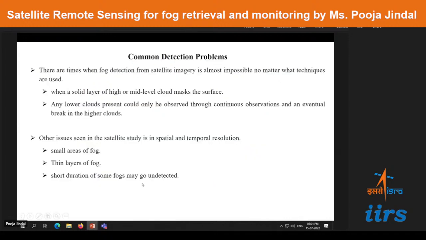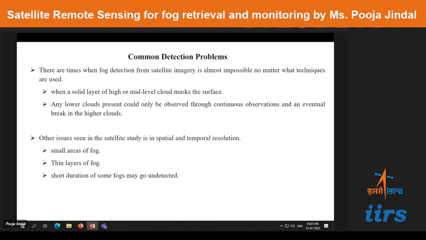Then coming to some of the problems in fog detection. When we say common detection problems, it means common during the day and night time, right? So there are chances when it is almost impossible to detect the fog, whatever technique we use. For example, if there are clouds above the fog, because we are using the visible and infrared channels, we cannot see below the clouds, right?